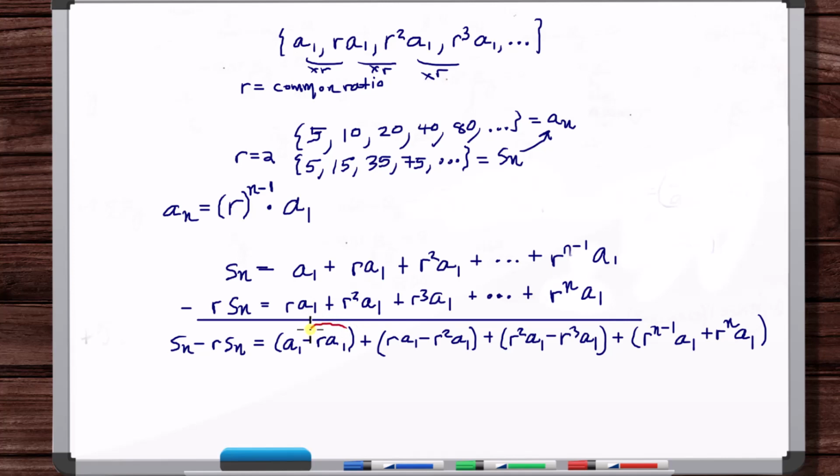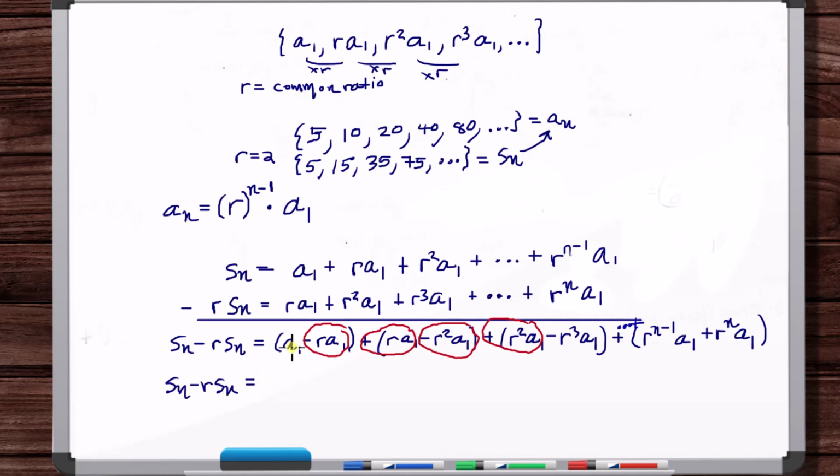And this and this sum to 0. This and this sum to 0, you see? And I should have put, this is plus, right? So with this simplification, this comes out to S of n minus r S of n.